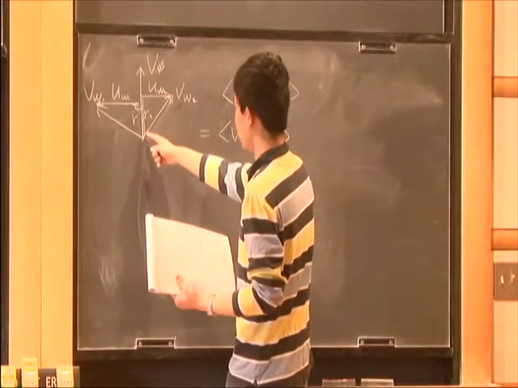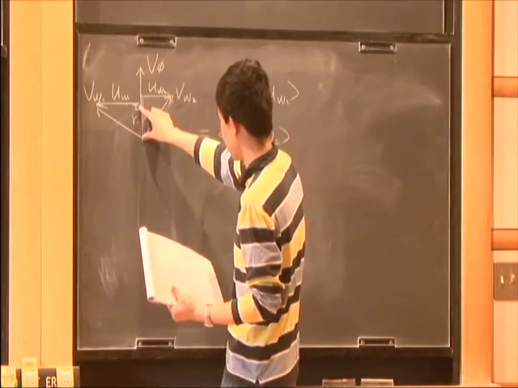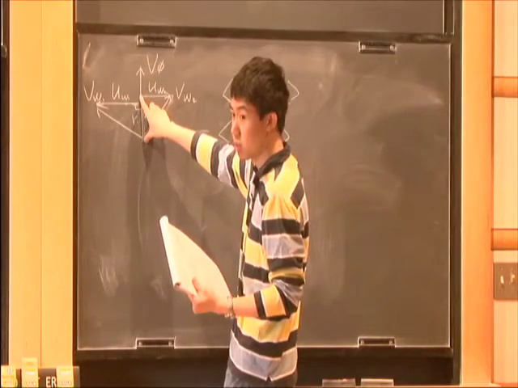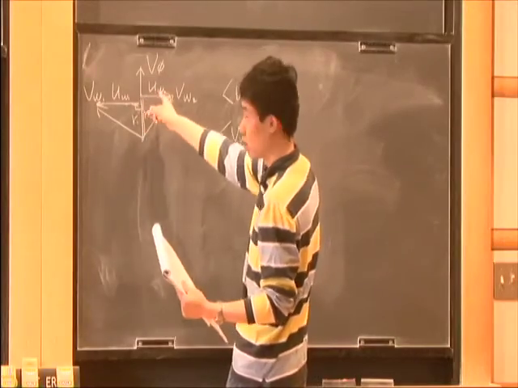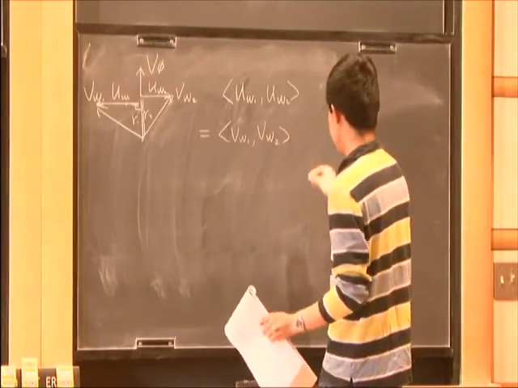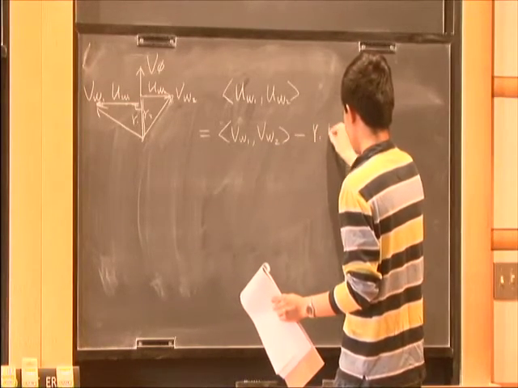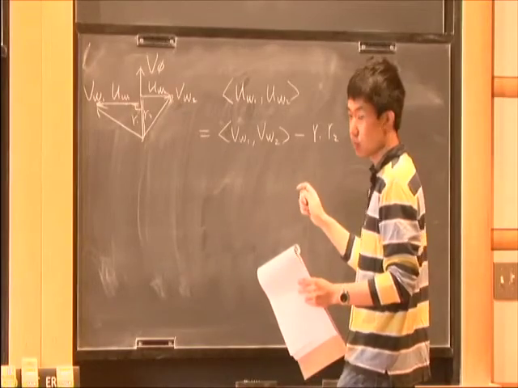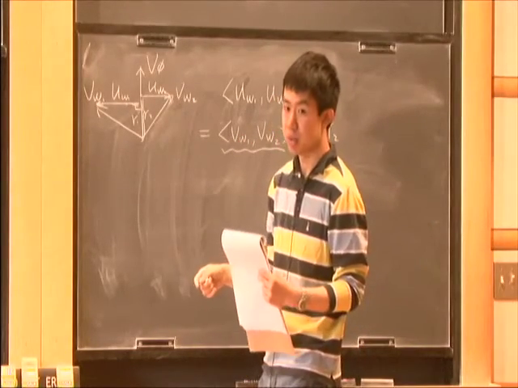So VW1, VW2, they have R1 times R2 in this dimension, and UW1 dot UW2 in the rest of dimensions. So it's this minus R1 times R2. But what is this? This is exactly R12.